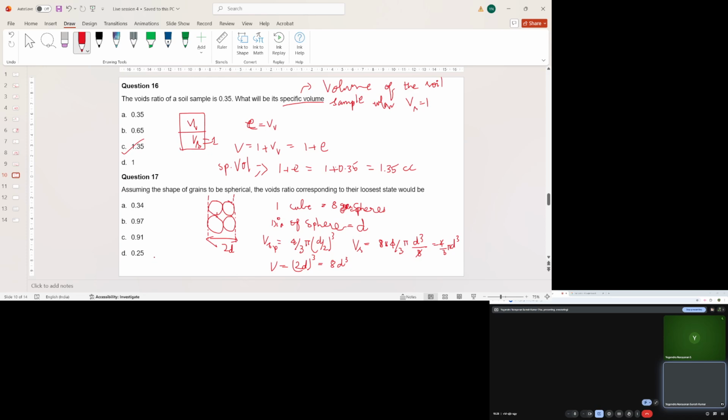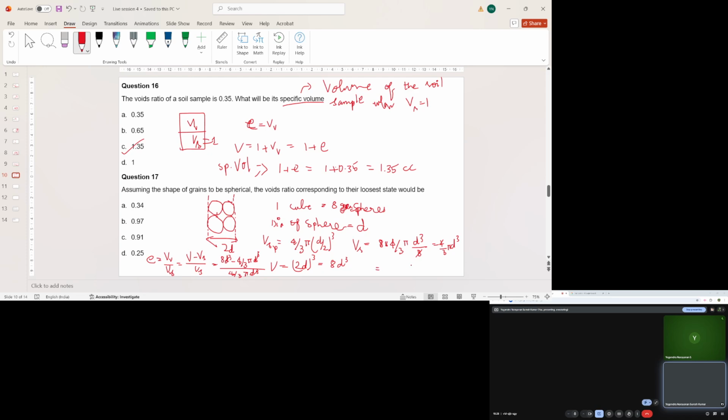Now what we need is the voids ratio. So e is equal to Vv by Vs, which is (V minus Vs) by Vs. That is 8d cube minus 4 by 3 pi d cube, divided by 4 by 3 pi d cube. The d cube gets cancelled everywhere.